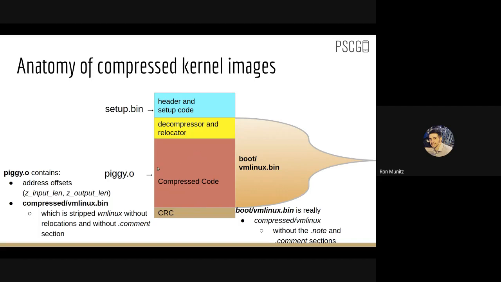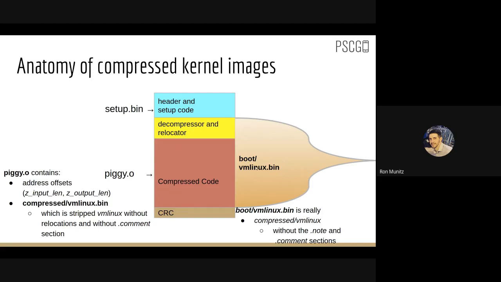So we have all kinds of files that we will see, most of which are first built as ELF files, and later are transformed using objcopy in order to be binary files. So some of the important files, and I'll repeat it, are going to be setup.bin, for the header and setup code.